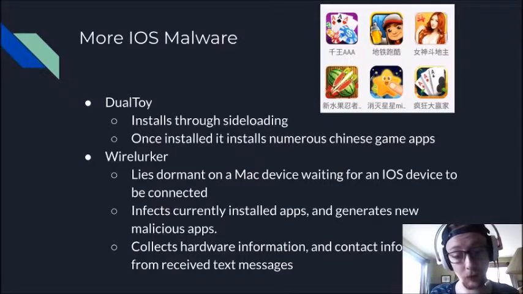Moving on to WireLurker. It lies dormant in a Mac device and waits for the iOS device to be connected. And it infects currently installed apps and generates new malicious apps. When it's installed, it collects hardware information and contact information from received text messages. And this is a good example of how attackers are getting around iOS safeguards by sideloading.